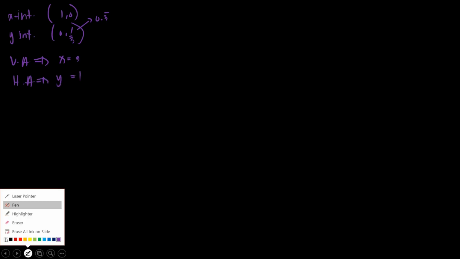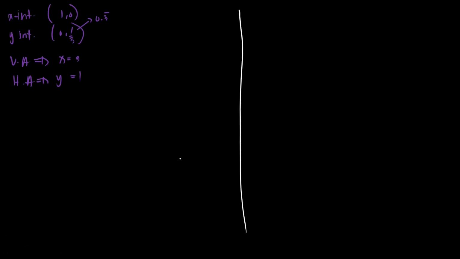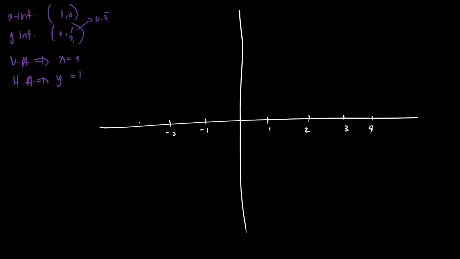Okay, now let's graph. Let's draw the Cartesian plane. Okay. So, dahil ang pinakamataas natin dyan ay 3, gawa tayo kahit hanggang 4. Okay, so 1, 2, 3, 4. Negative 1, negative 2, negative 3, and negative 4.